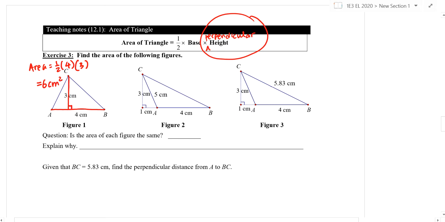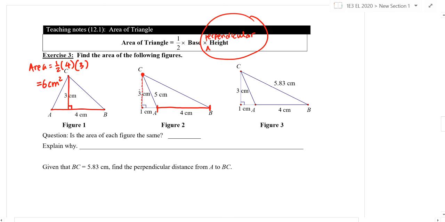Let's take a look at figure number 2. Again, let's take AB as the base. If AB is the base, where is the perpendicular height? Reminder, the perpendicular height is perpendicular to the base. So since we have designated AB as the base, we go over to the point that is not used, which is C. We drop down a perpendicular line to AB.